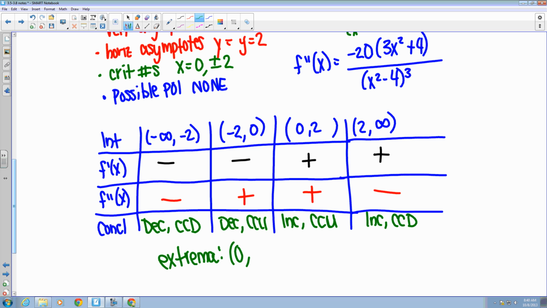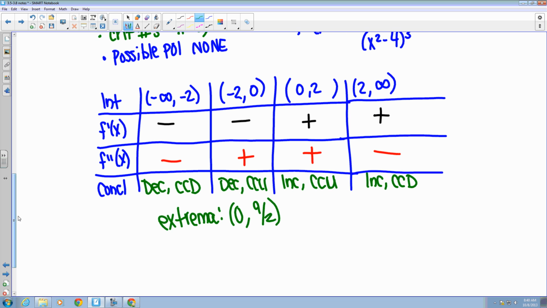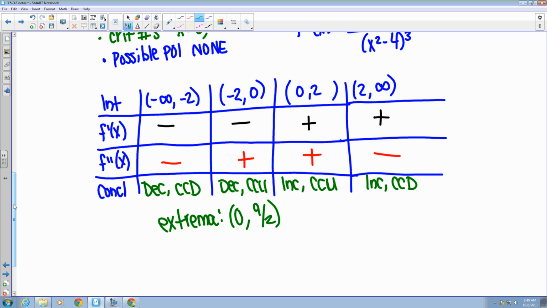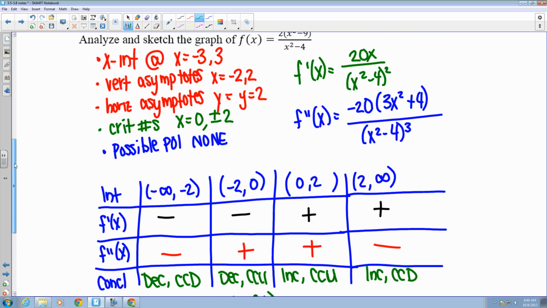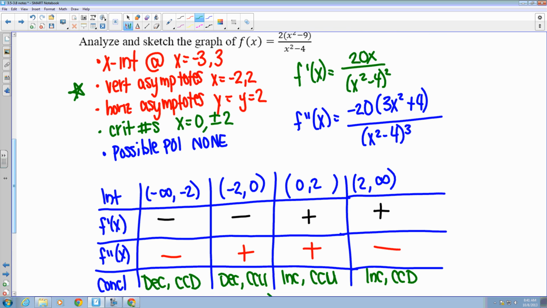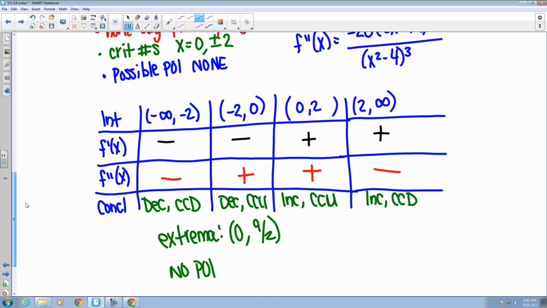If we plug the 0 back into the original, we find that that is 4.5 or 9/2. And although our concavity changes at -2 and +2, we know that there's no points of inflection because 2 and -2 are both asymptotes, which we learned up here. So they couldn't possibly be points of inflection.